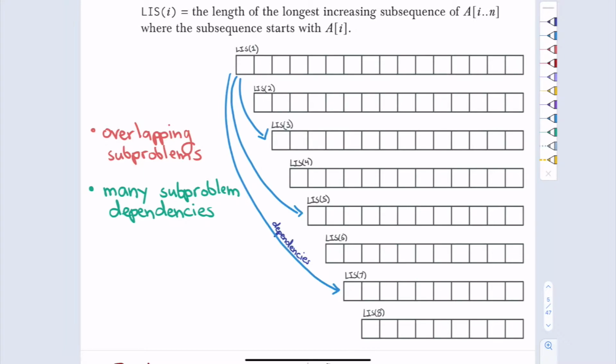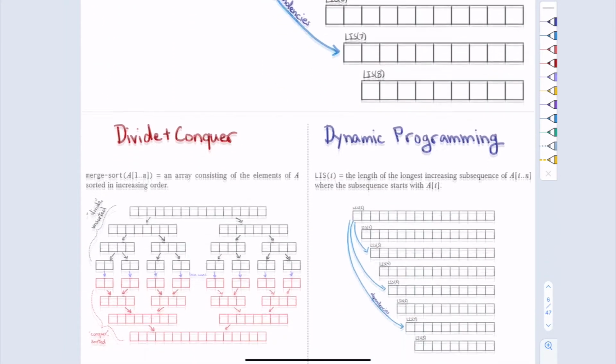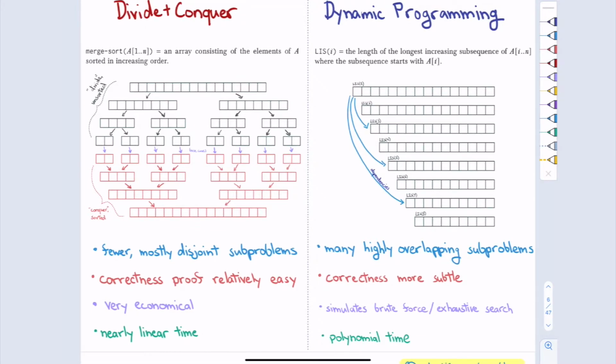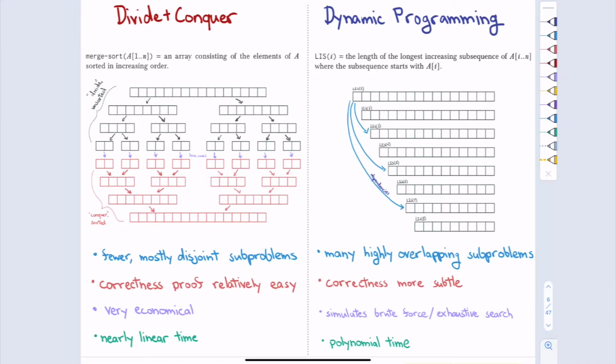So to put these two paradigms side by side, we're trying to understand on one hand why they're similar, on the other hand why they're a little different, and why maybe one is better for one case than the other. With divide and conquer type algorithms, you're going to see in general fewer subproblems, much more selective about the subproblems, and much more disjoint.